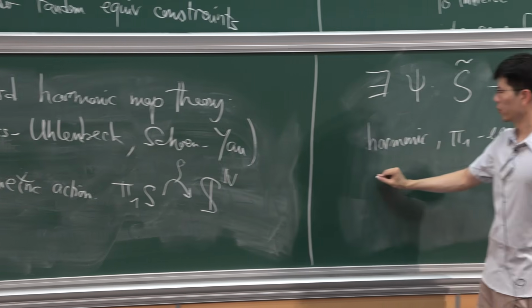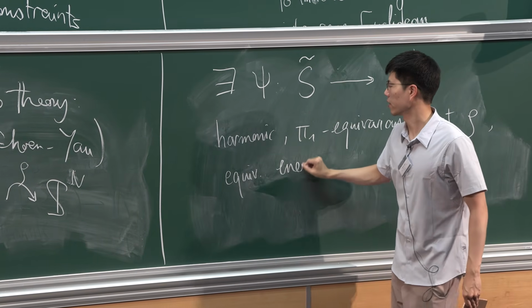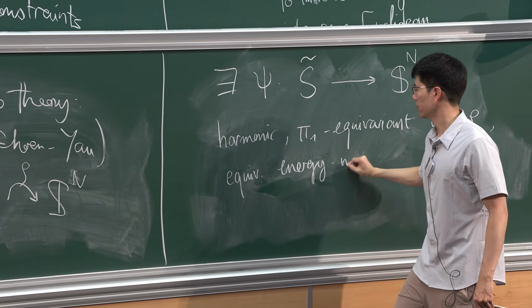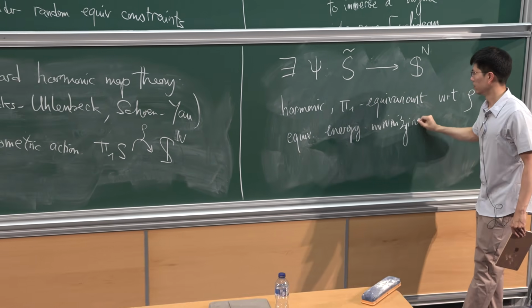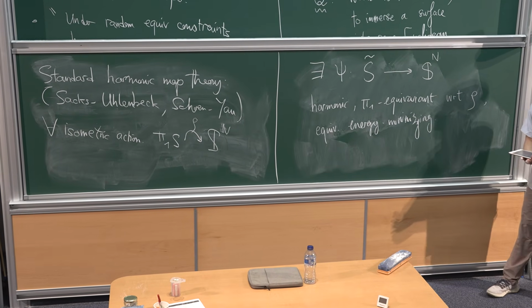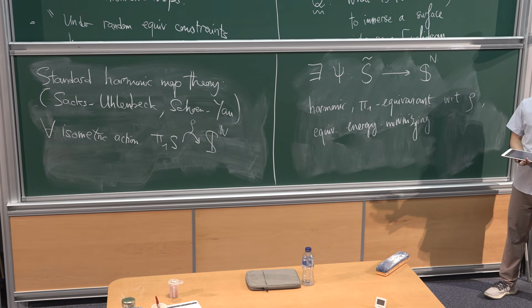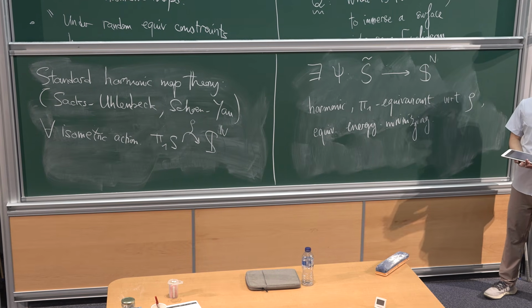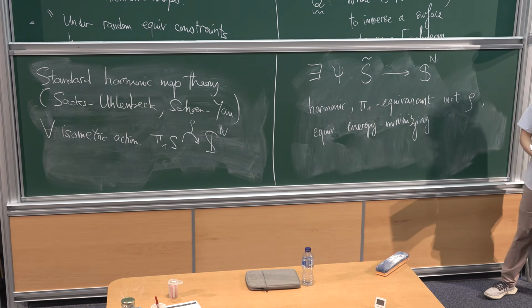And it's also equivalently energy minimizing. Being energy minimizing just means that if you look at the fundamental domain, your map is going to be of minimal energy among all the maps that satisfy this equivariance constraint.